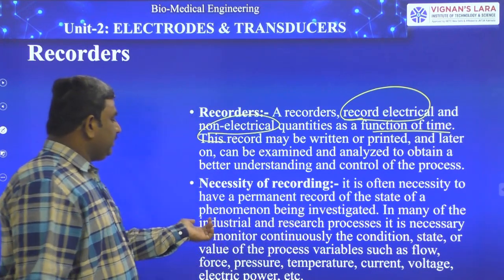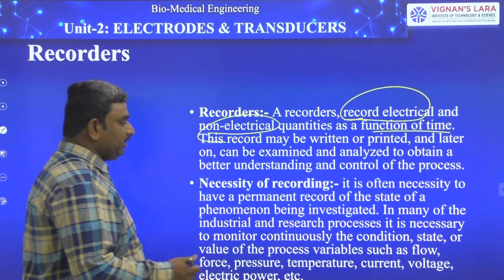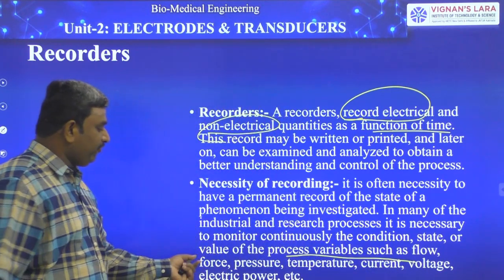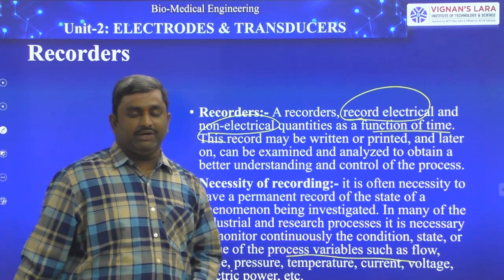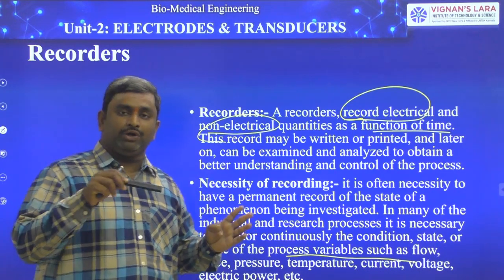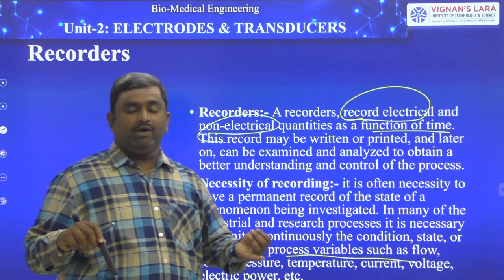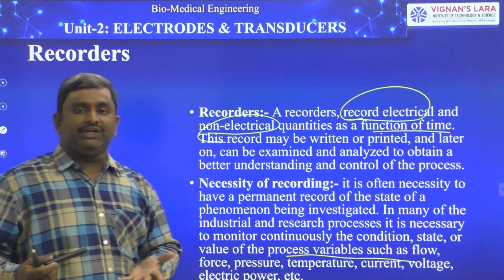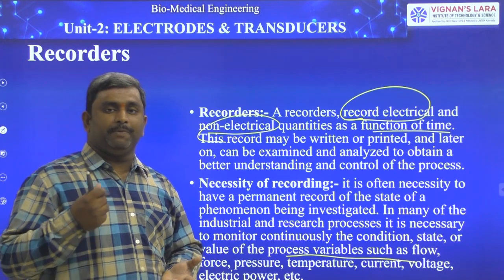In many industrial and research processes, it is necessary to continuously monitor the condition or state of the values of processing variables such as flow, force, pressure, temperature, current, voltage, electrical power, etc. So the human body temperature we can record on paper, and current, voltage, blood pressure, blood flow or some forces, all these electrical quantities we can take as a print on paper.